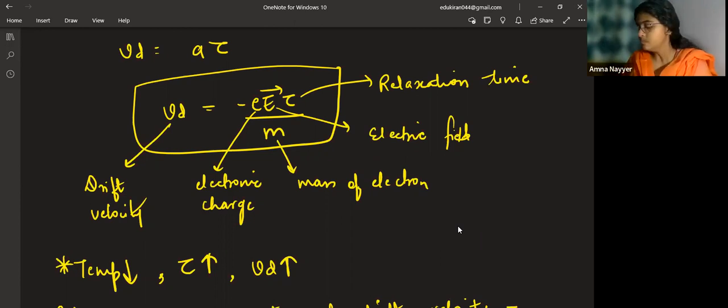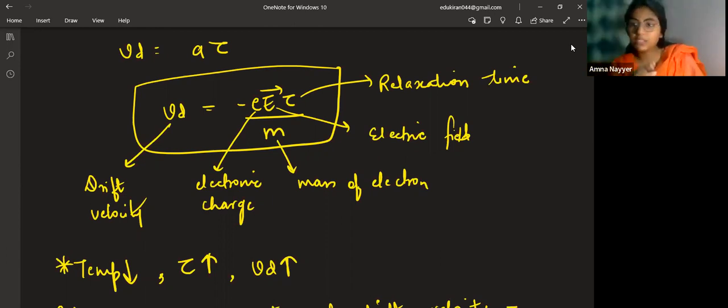Here we put a negative sign. One more thing: temperature, tau, and drift velocity are all connected to each other. If you decrease or increase the temperature, that will affect your relaxation time, and if relaxation time is affected, it will affect your drift velocity as well.